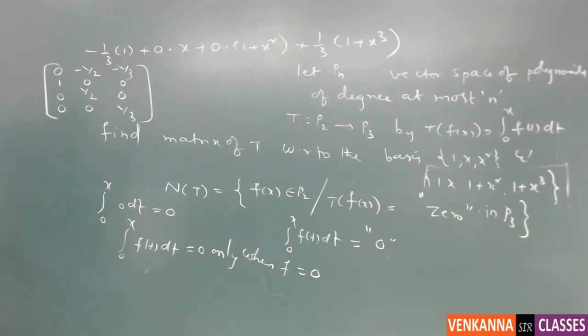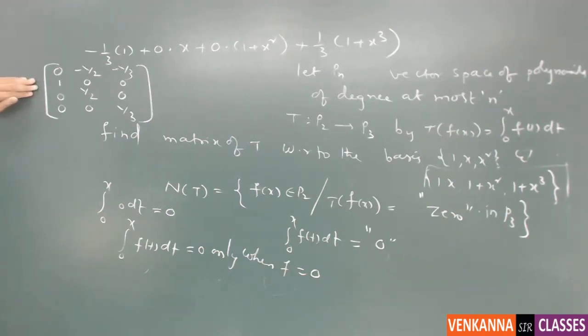So apart from doing this, you can do one more thing. As we have studied the connection between the transformation and matrix, this is the matrix of T. Can you calculate the determinant of this matrix? Is it possible to calculate? No, because it is not a square matrix.